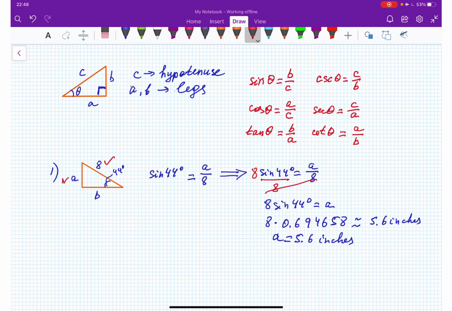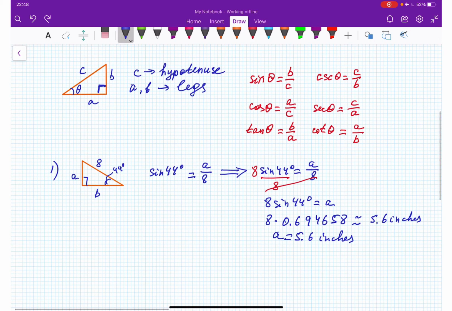I can use the Pythagorean Theorem and find out B, but it's not convenient for me because I have decimal notation here. Based on the Pythagorean Theorem, this is my triangle, this is my right angle.